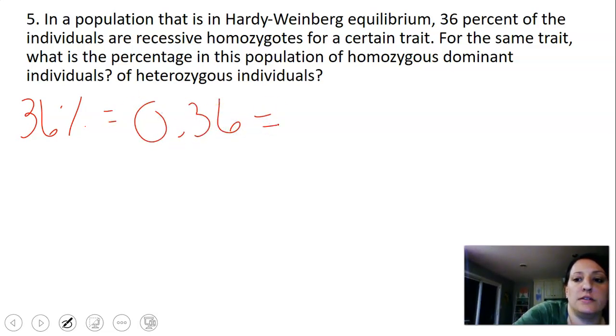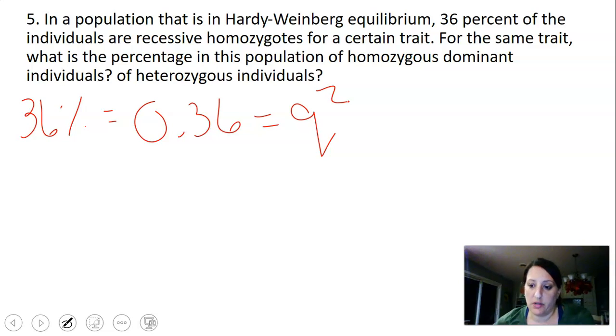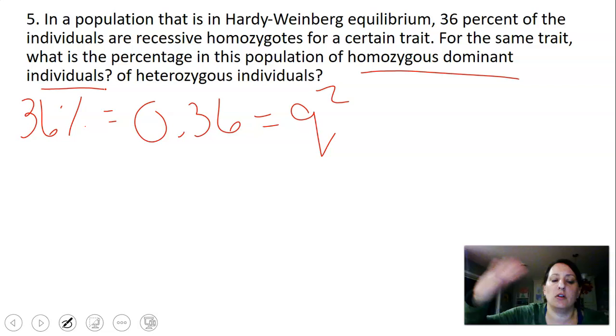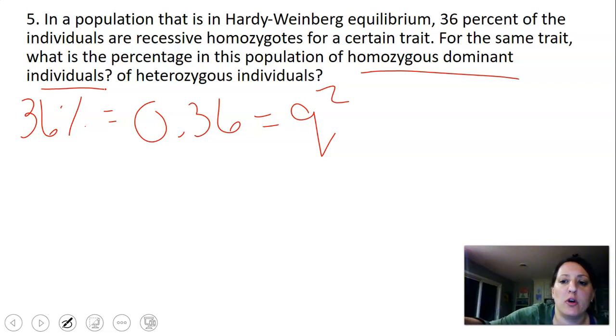And that is the frequency of the recessive genotype. So that's Q squared. Okay? So now the question is, for the same trait, what is the percentage in this population of homozygous dominant individuals? So we know that 36% are homozygous recessive. How about homozygous dominant? So I need to find P, because I've got to get to P squared.